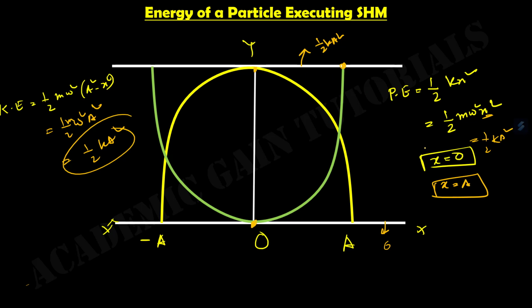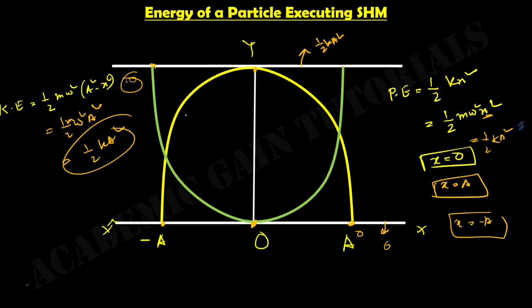And when x equals minus a, in that case also our potential energy becomes maximum and our kinetic energy becomes minimum.